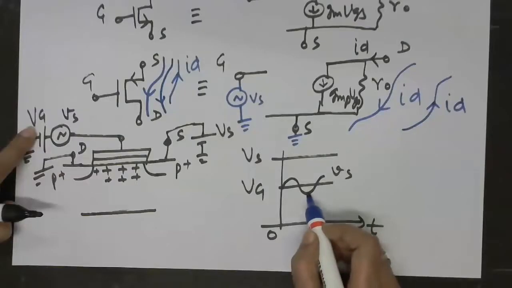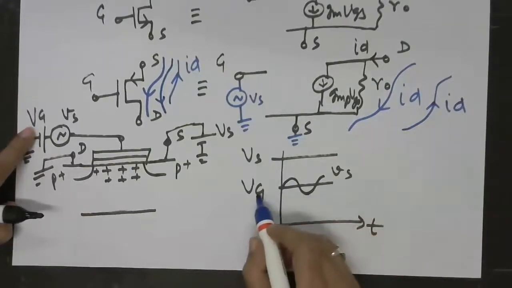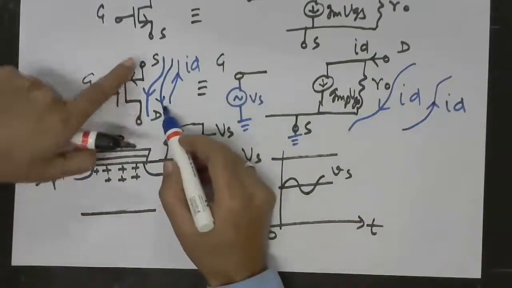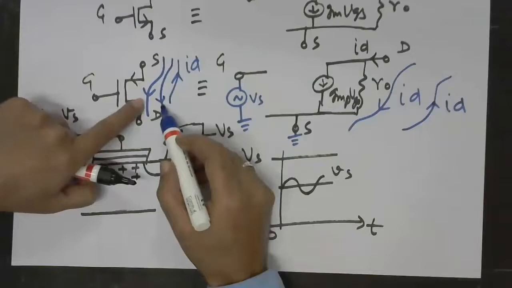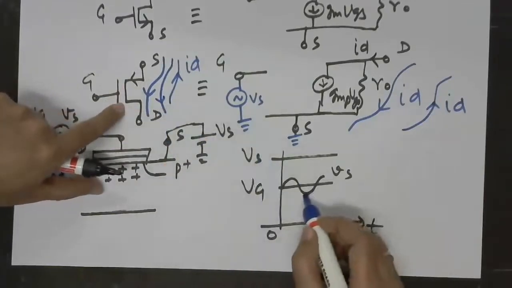So we see that during the negative or the lower part of the VS, the DC current and the time varying current, they are in the same direction from the source to drain. So there will be more source to drain current in the PMOS for the negative part.